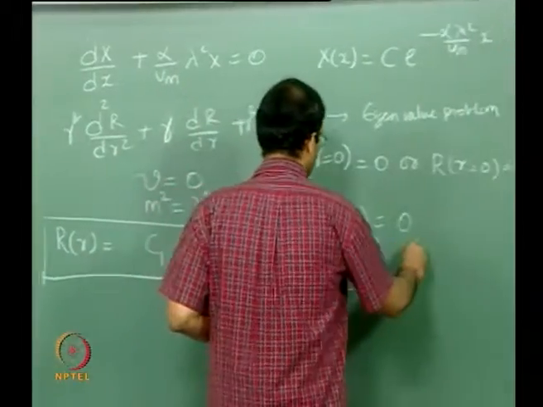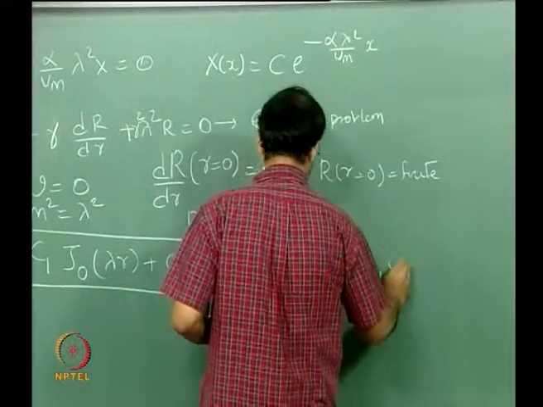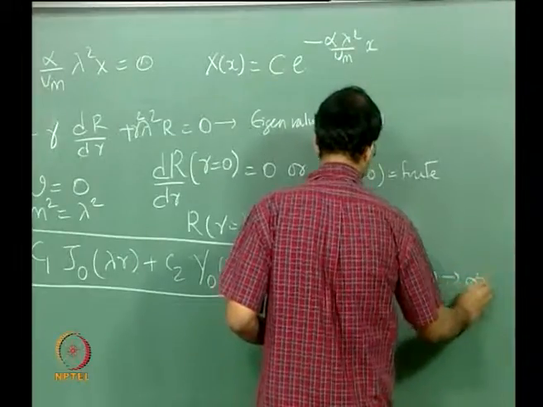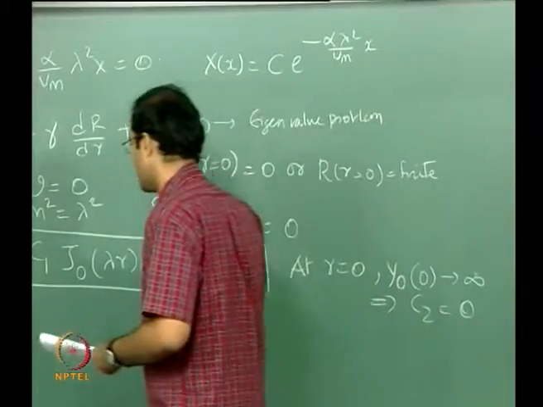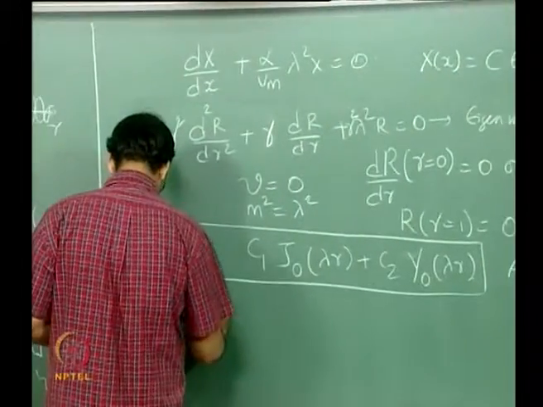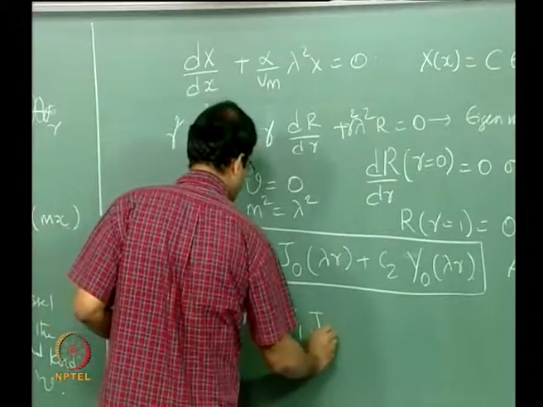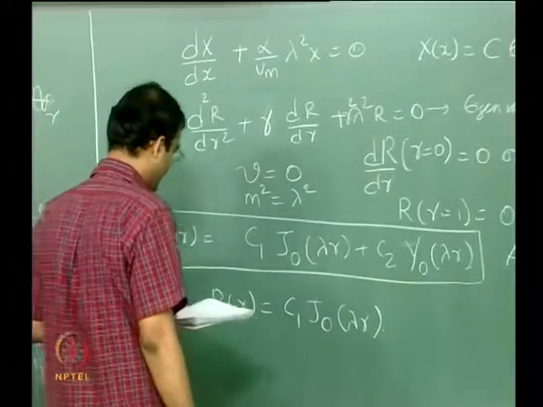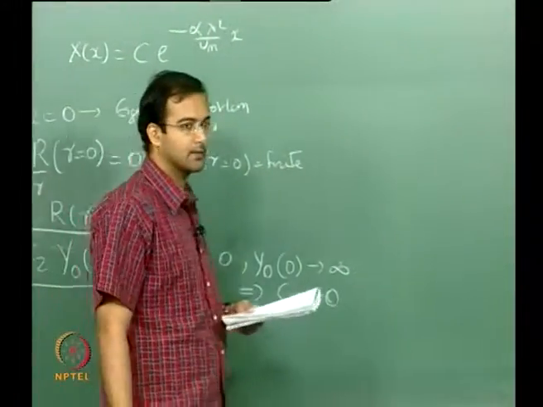So at R equal to 0, Y naught of 0 goes to infinity, so C2 has to be 0 for the solution to be finite. So my R of R directly reduces to C1 J naught of lambda R. This is how my eigenvalue problem reduces.